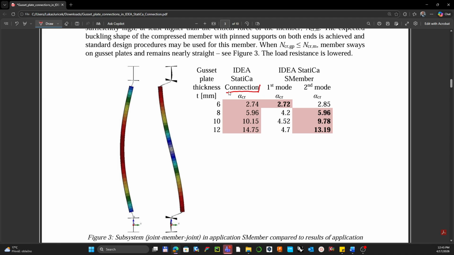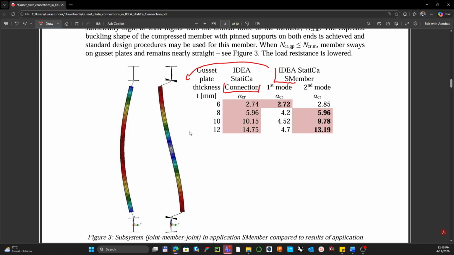This is the part of the portfolio of IDEA StatiCa that you are using for connection design. IDEA StatiCa Member is the solution where you are able to model, as part of the connection, all the components such as bolts, welds, contacts, for example, and also the member length.